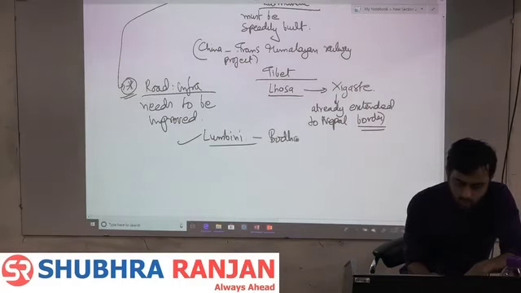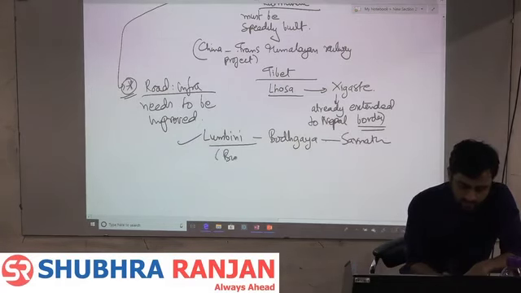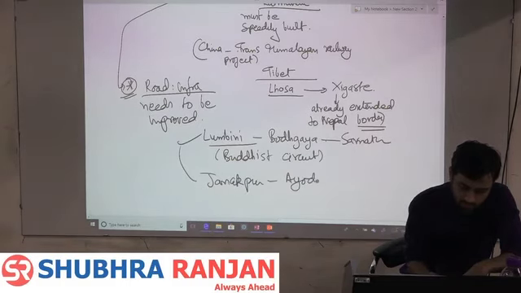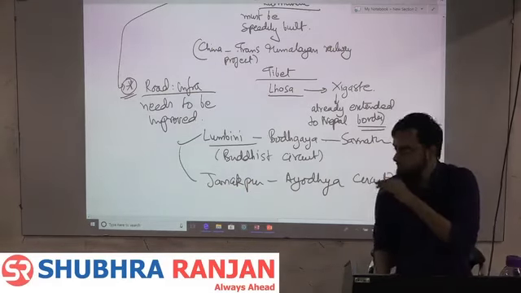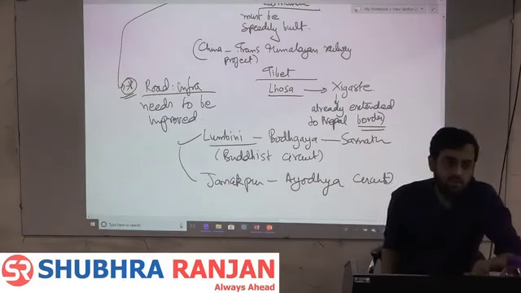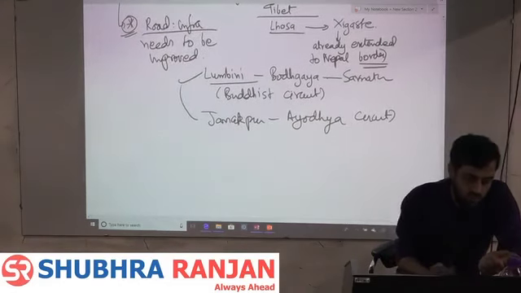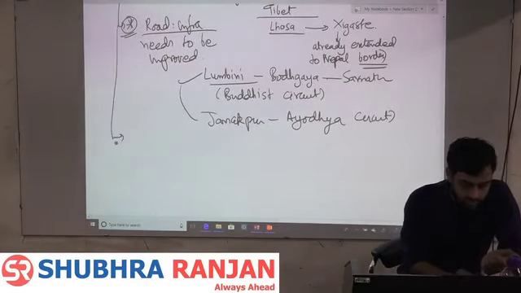What do we have to build? A tourist circuit to Sarnath, the Buddhist circuit, right? Or the Janakpur-Ayodhya circuit. So tourists can go, and you can improve the connectivity link. That is something we should be able to do quickly, and we should do quickly.